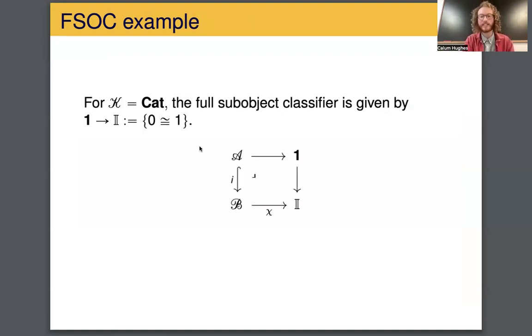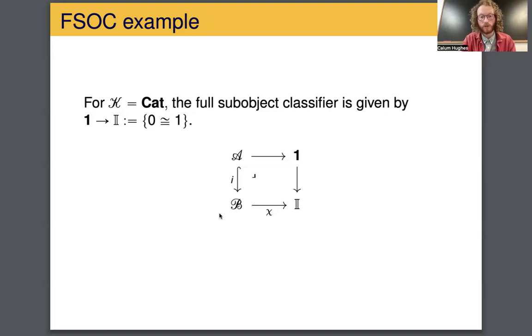To see that a little bit, if we have in Cat a full monomorphism on the left, so this is injective on objects and fully faithful, we can define a chi from B to I by taking, on objects, just as we did in Set: if B came from A, then we send it to 1, and if B didn't come from A, then we send it to 0.